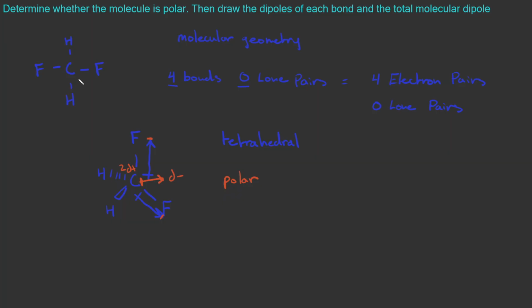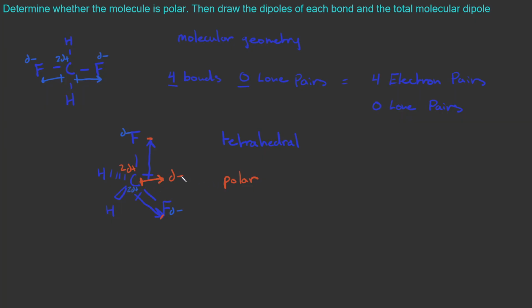This looks like this and this. Oh wait, sorry. Looks like this and this, where this is the 2 partial positive, this is the partial negative, and in this case, this is the partial negative, and then this is the 2 partial positives.